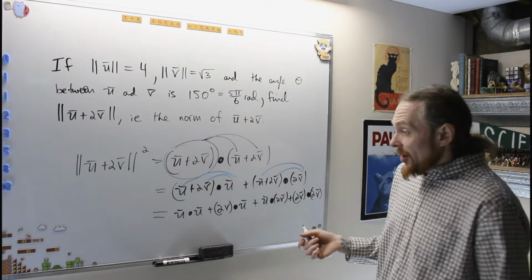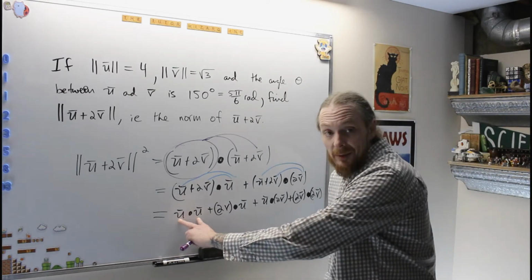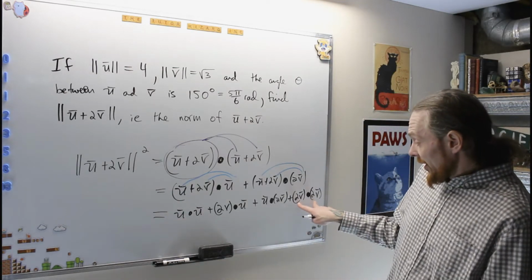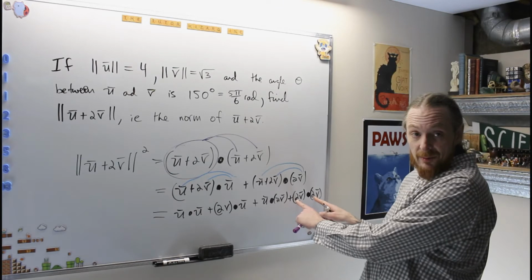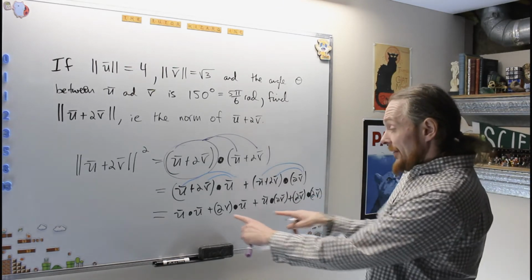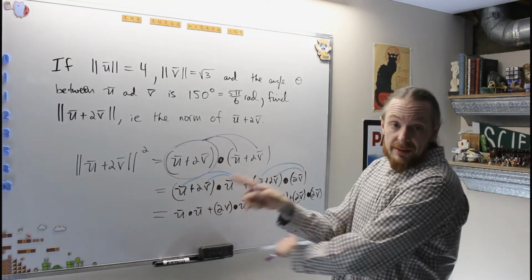Now again, using all the properties, I'm using the fact that u dot u is the norm of u squared, and we can use the properties of scalars where we can just pull all the numbers to the front of the dot product, which I'm going to do, and v dot u is u dot v, so I can turn these around.